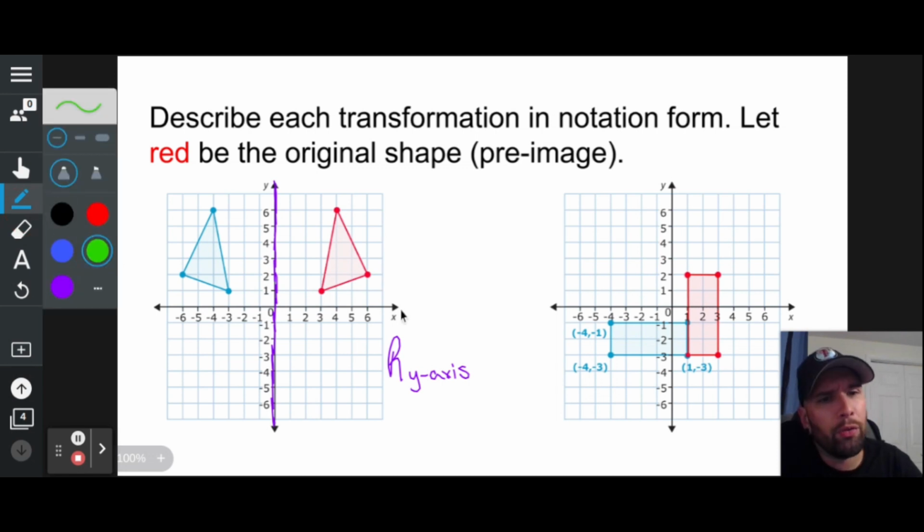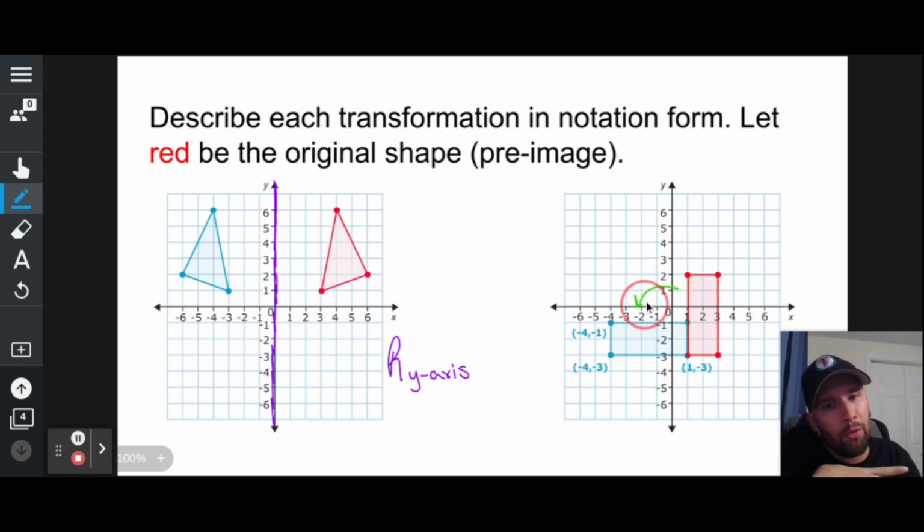This guy is not so fun. Red is the original, and then all of a sudden it kind of flops down. Now, it's definitely not a reflection like that. It's definitely not a translation because it's sideways. It's a rotation. But how do I get this from standing up to falling down? Well, it almost appears that if I were the red block moving, I tripped over that point right here, 1, -3.